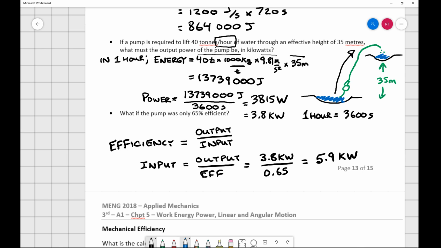So an inefficient machine means that I have to supply more energy than the energy required to move that water to the top of the hill.